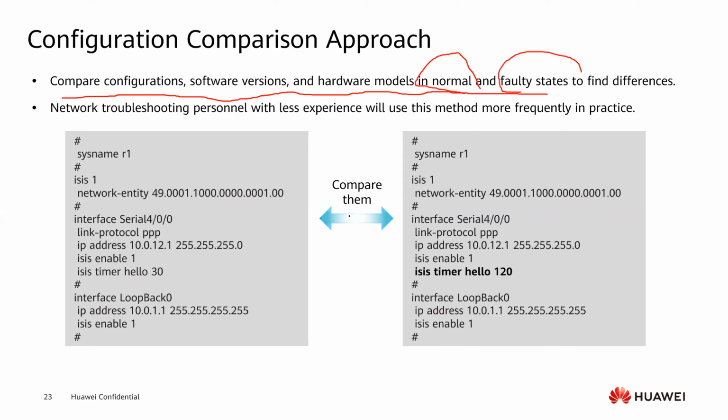We compare them. Here is the configuration that we have, the last version, and this is the new version. We can compare them. We can find somebody has changed the OSPF timer hello interval. So we must change it to the timer 30 based on your own network.